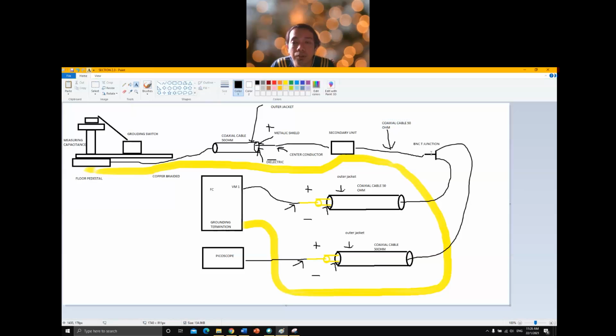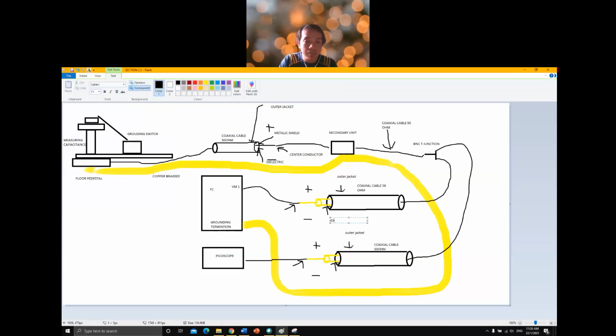From this T junction, one is connected to the FC, still using a 50 ohm coaxial cable. This is the outer jacket, this is the center conductor, this is the dielectric.